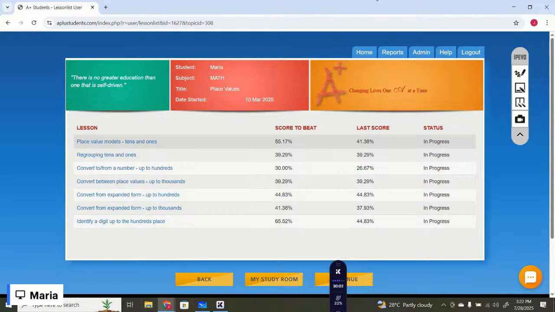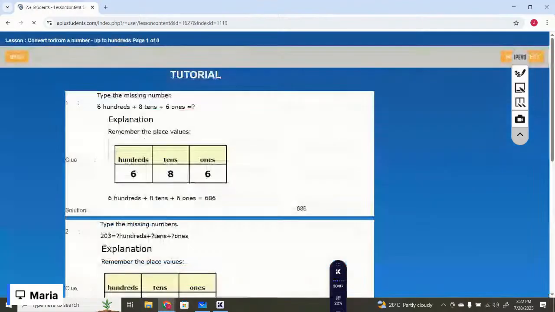The next lesson is convert to and from a number up to hundreds. Type the missing number: 600, 8 tens and 6 ones. So you have to make a place value chart.